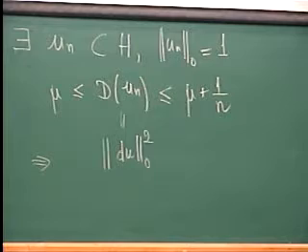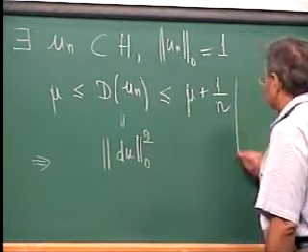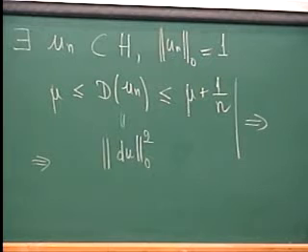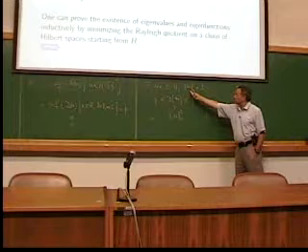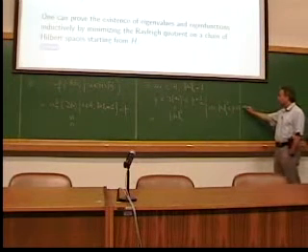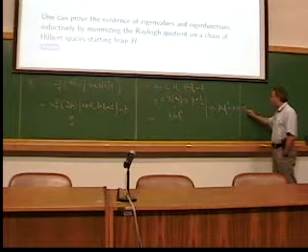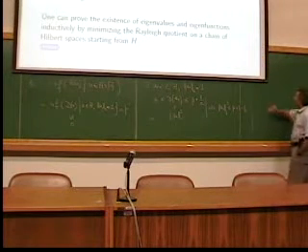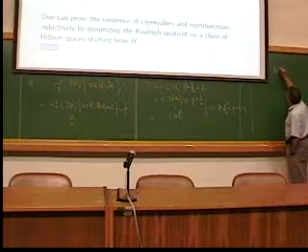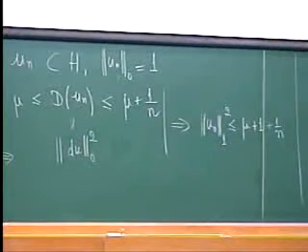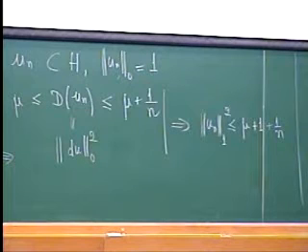So, in fact, what this implies is that the H1 norm of u squared is less than or equal to mu plus 1 over n, where 1 is the square of this one here, and so this is less than or equal to mu plus 2. So this is bounded independently of n.